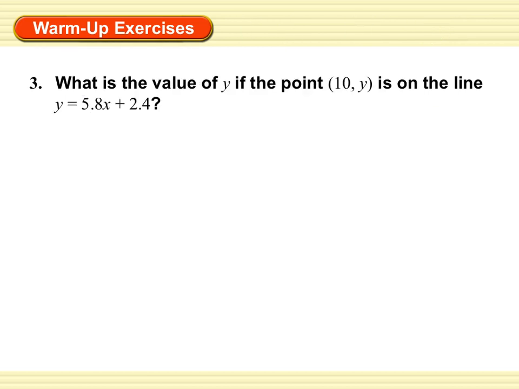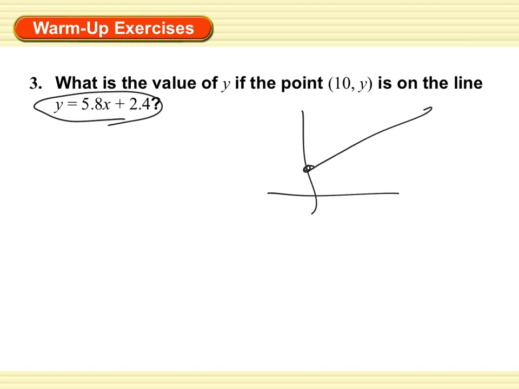Okay, another thing: what is the value of y if the point (10, y) is on the line? Here we have a line that has a y-intercept of 2.4 and a slope that increases. This point is on that line. Somewhere over here we have 10, it hits the line, and we could read y.